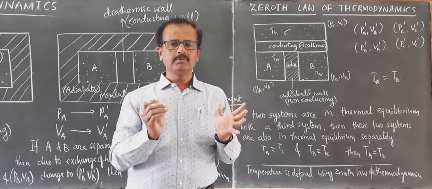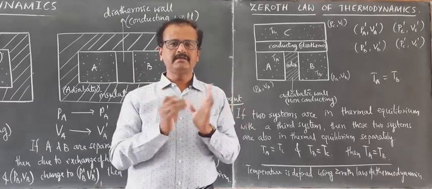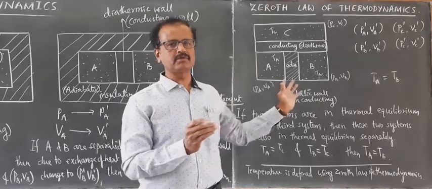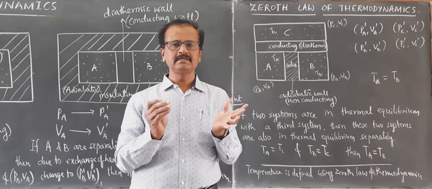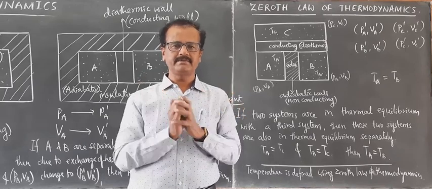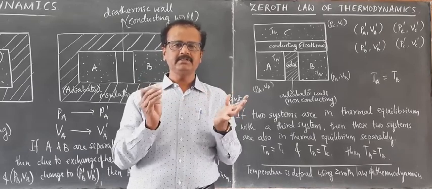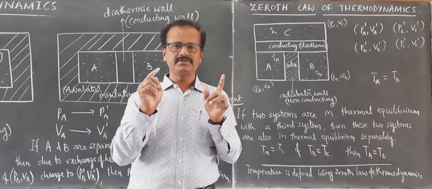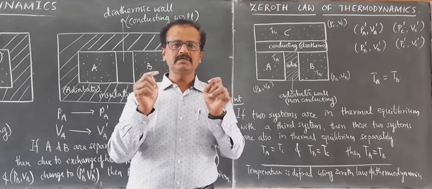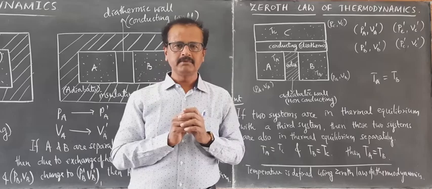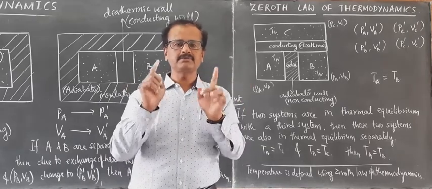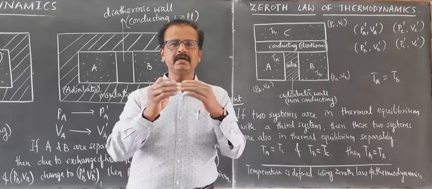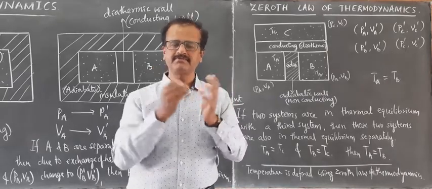This is how we define temperature using the zeroth law of thermodynamics. So the zeroth law of thermodynamics defines what temperature is. Temperature is that common feature of two systems in thermal equilibrium. When these two systems attain thermal equilibrium, they possess a common temperature and there is no further transfer of heat.